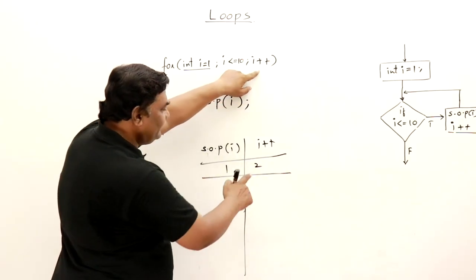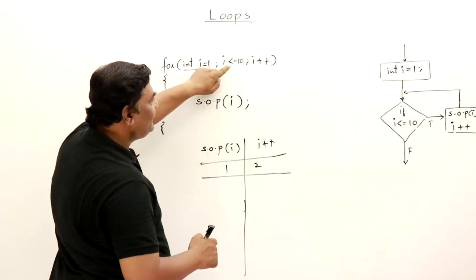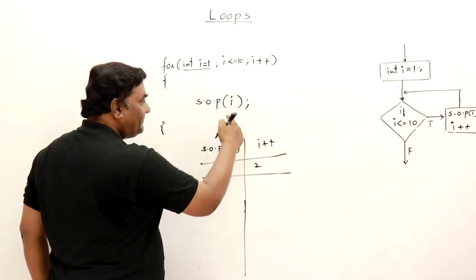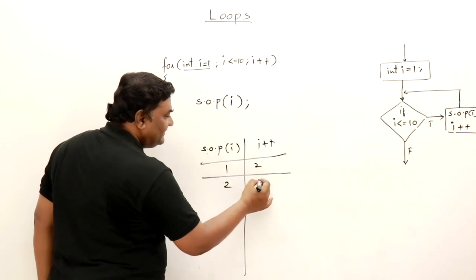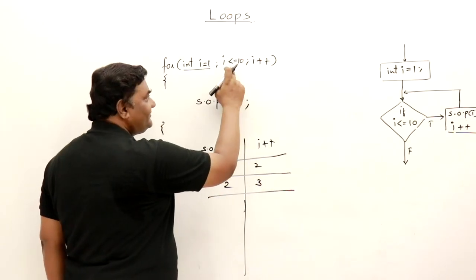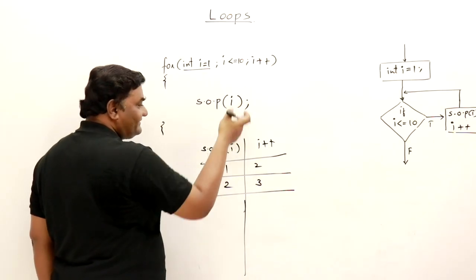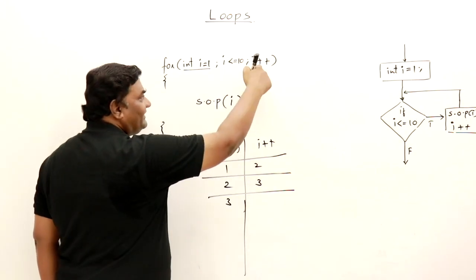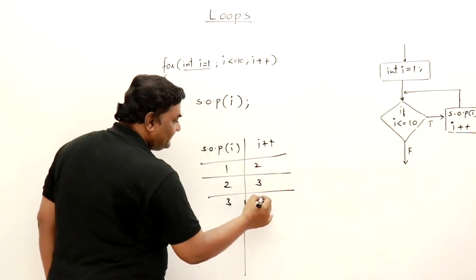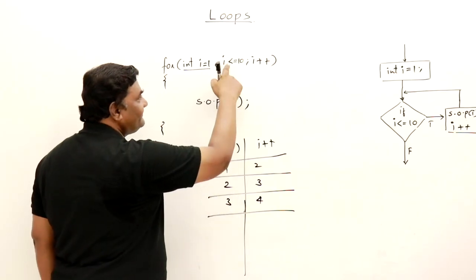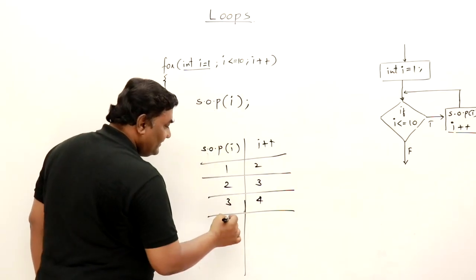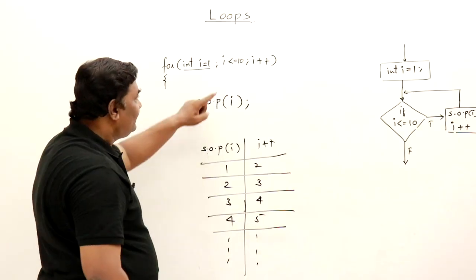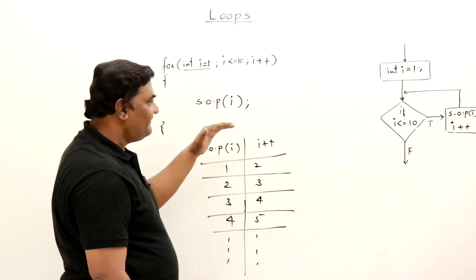Again the condition is checked: 2 is less than 10. Yes, it enters inside and prints 2, then i becomes 3. The condition is checked again, and it prints 3. Then i plus plus, i becomes 4. 4 is less than 10, so it prints 4, then makes 5 and so on. It will print up to 10. At i equal to 11, it will stop.